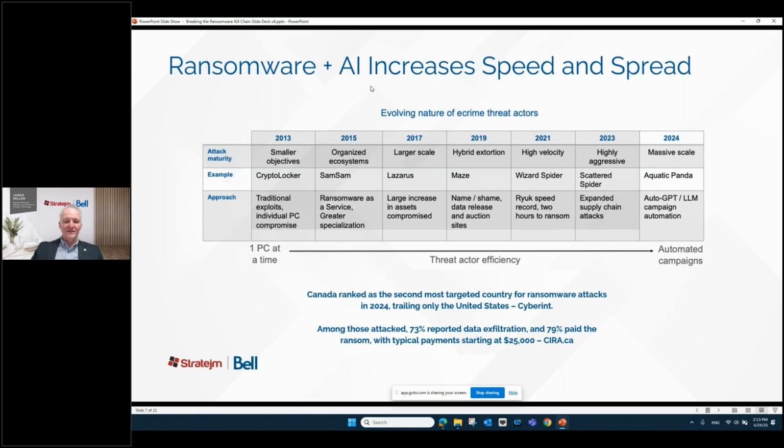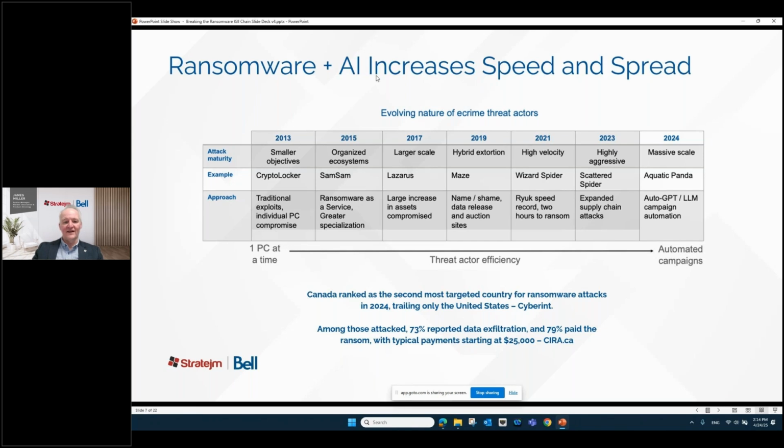Then we see that in 2015, organizations got involved. They really worked on the ransomware to initiate greater spread, to initiate greater speeds with SamSam and others along the way. But as I said, I think that 2017 was a real game changer, because I always say there are three threat actors you always have to worry about: the cyber criminal, the hacktivist, who does it for social reasons and maybe not for crime, and then nation states.